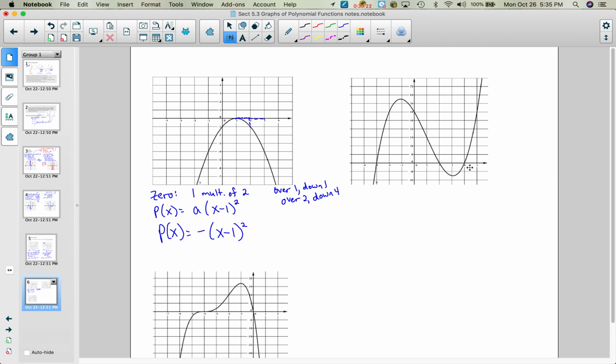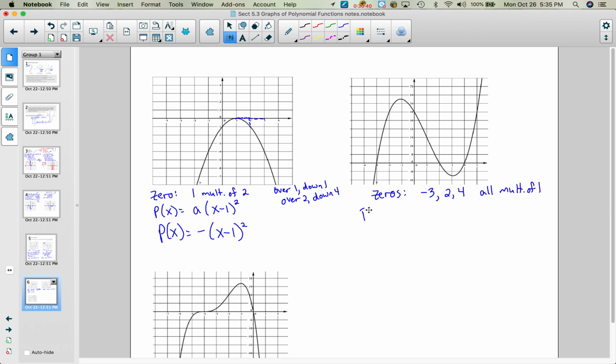Our zeros. We have a negative 3, a 2, and a 4. Passes through, passes through, passes through. So all multiplicity of 1.